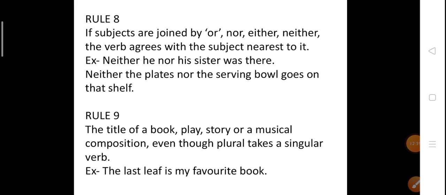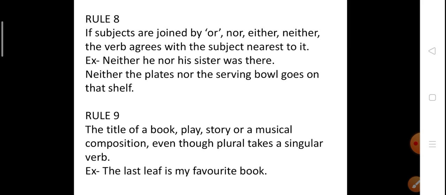Now rule number 8 says that if subjects are joined by or, nor, either, neither, the verb agrees with the subject nearest to it. So what does rule number 8 actually mean? If 2 or 3 subjects are joined together by using words like or, nor, either, neither, then the verb will agree with the nearest subject.